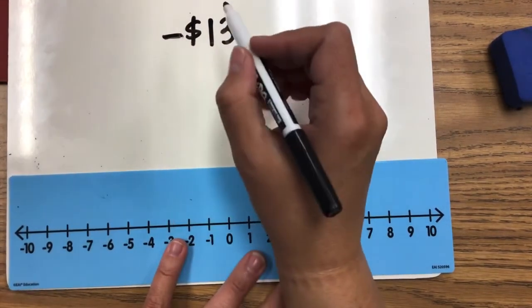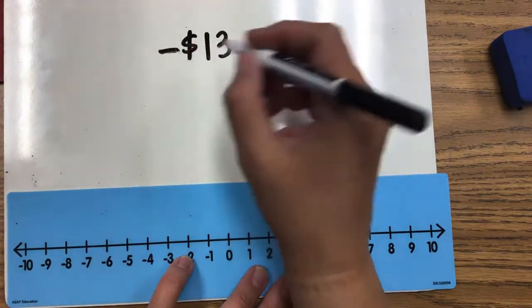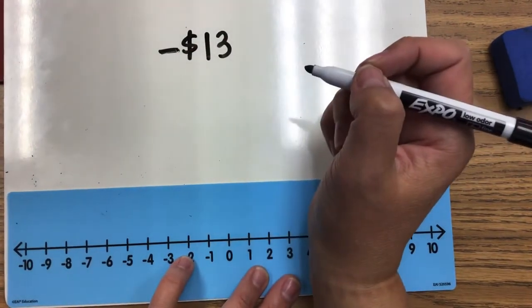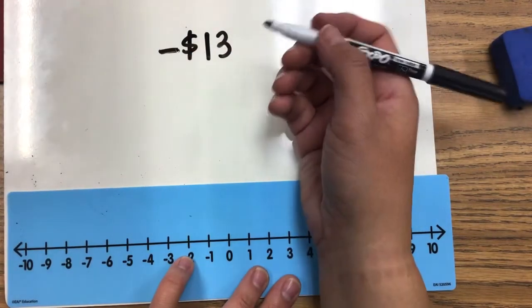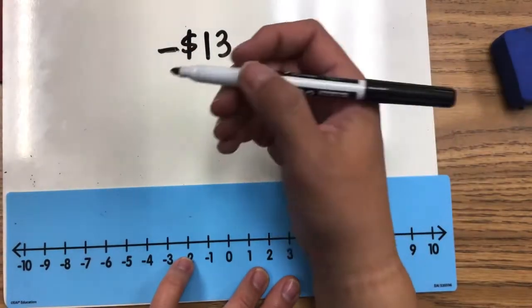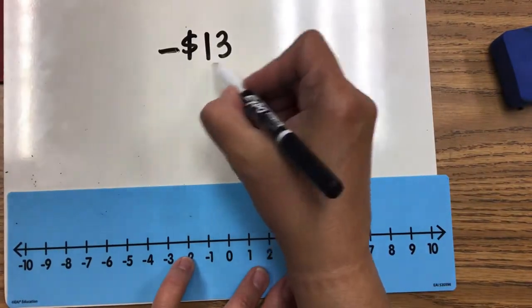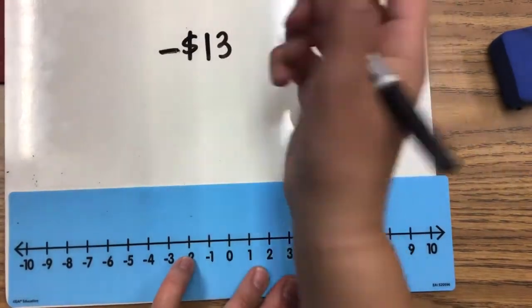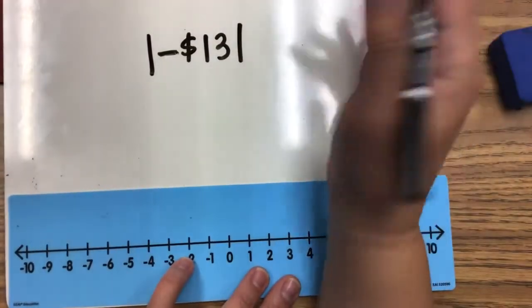Does that mean the value of the card is -$13? No. You can't have the value of a baseball card be negative something, right? It's at least worth the paper it's printed on. So it wouldn't be worth -$13, but you would use the absolute value to say that it went down $13.